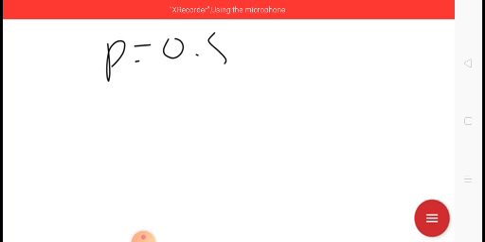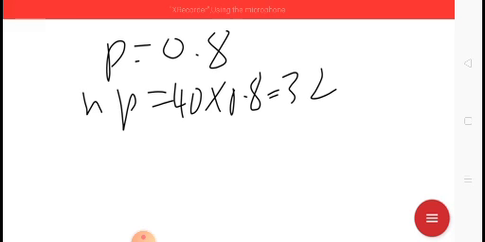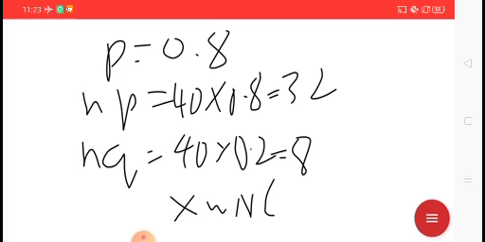So for part 2, when P equals 0.8, your NP is equal to 40 times 0.8, 32, larger than 5. NQ will be 40 times 0.2, equal to 8, larger than 5 also. So now you can calculate NPQ. You should get the normal distribution as 32 and 6.4.